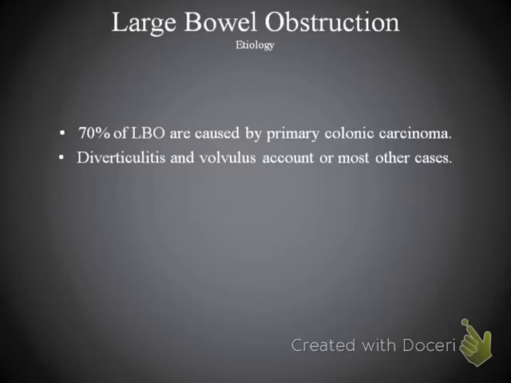Diverticulitis and volvulus account for most other cases. But keep in mind that 70% are caused by primary colonic carcinomas. So basically, intestinal cancer causes many of these large bowel obstructions.